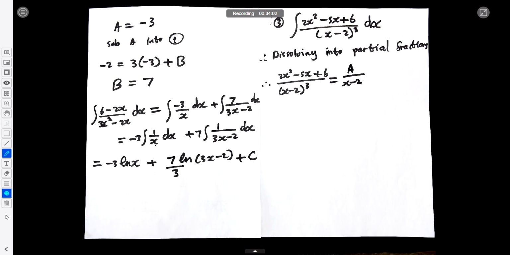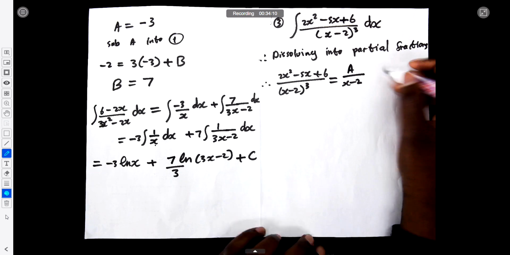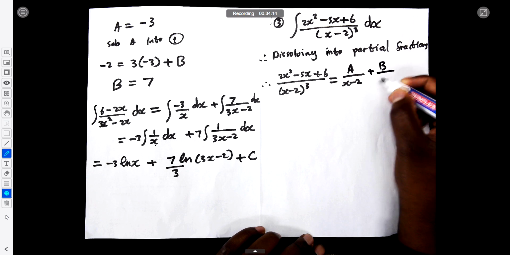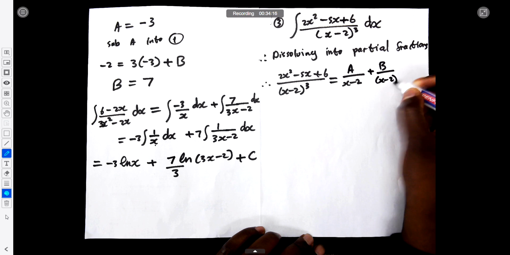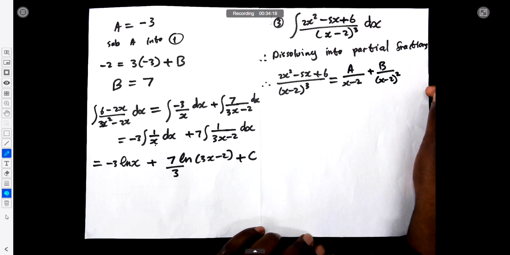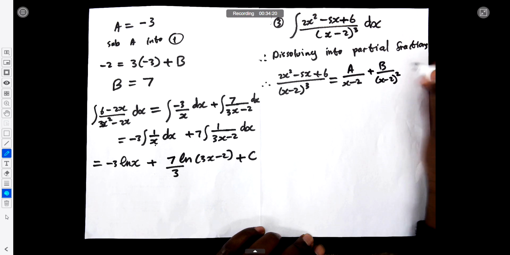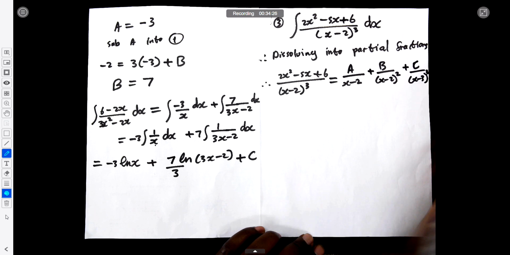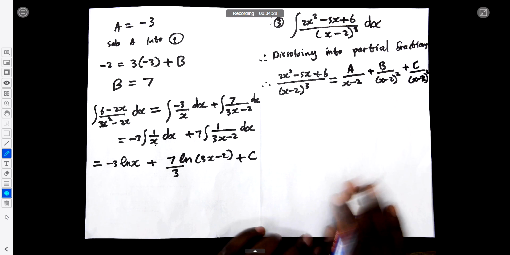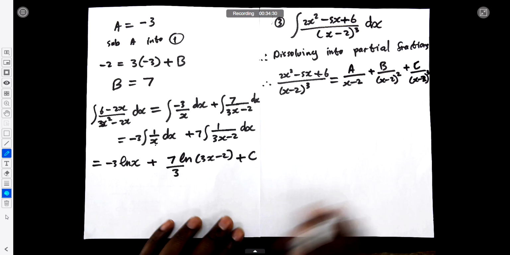Or if you want, you can start with the highest power going to the least exponent. It doesn't matter how you start. Therefore, we'll say plus b all divided by x minus 2 all to the power of 2. We must express that until the highest power, x minus 2 to the power of 3.